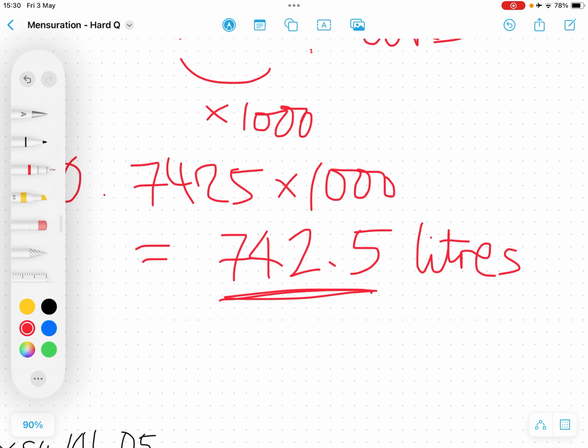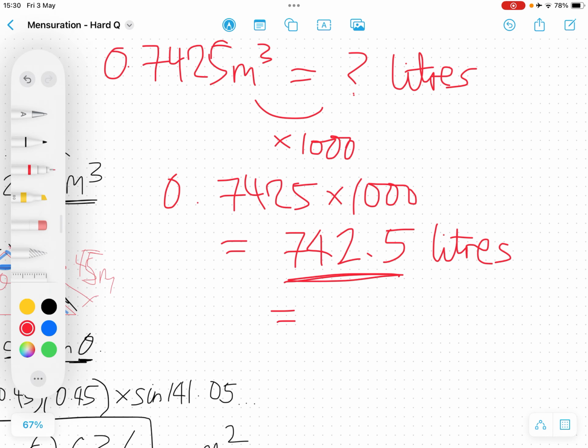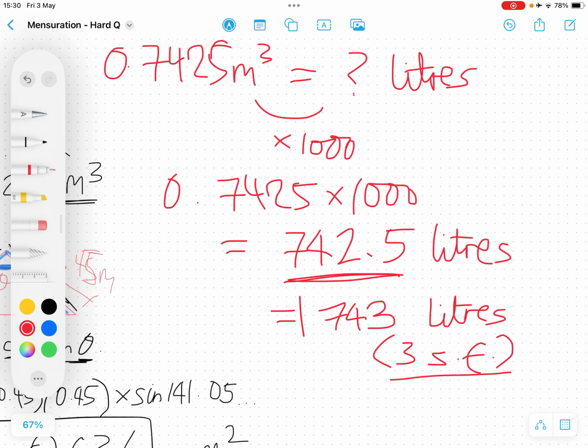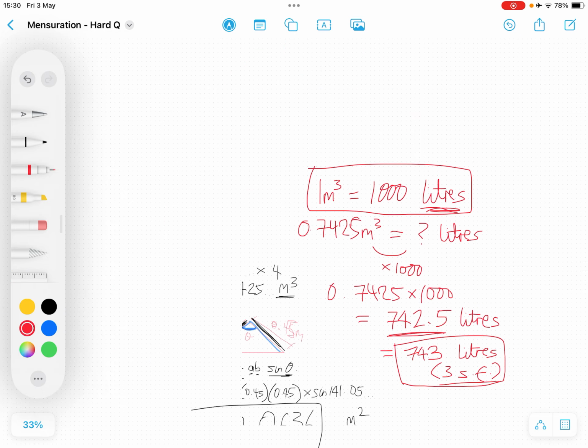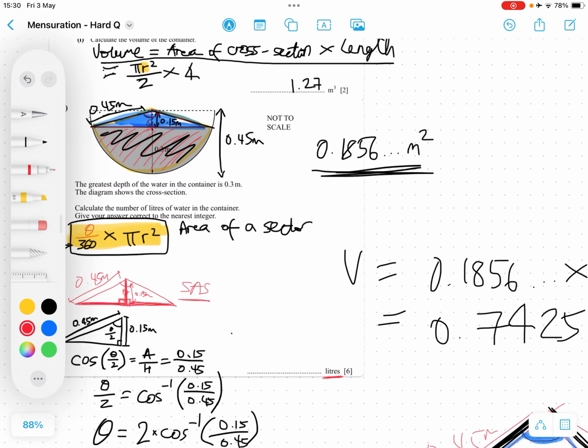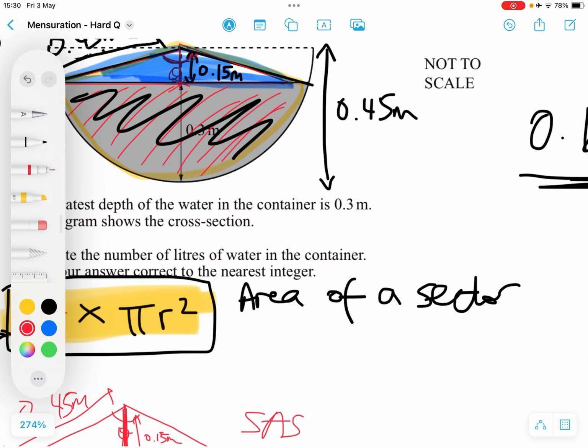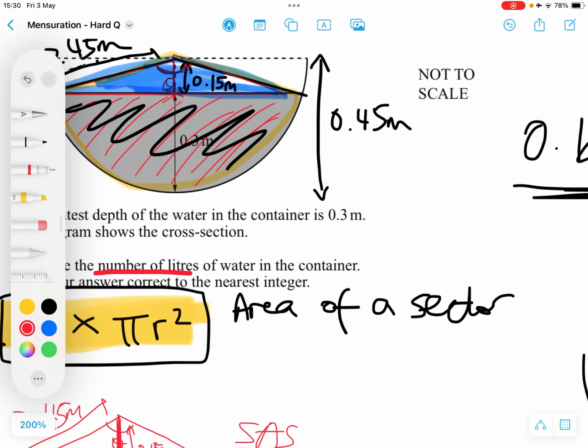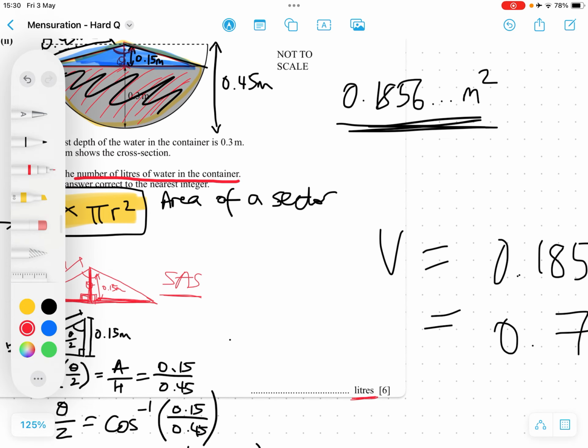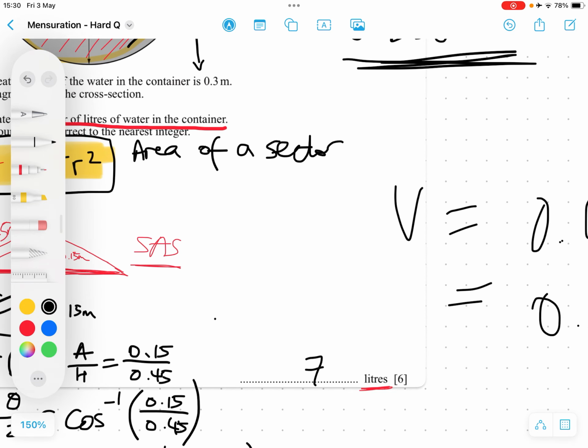So now we have 742.5, and the last thing to do is to round it to 3 significant figures. And that is our answer right here: 743 liters is the number of liters of water in the container.